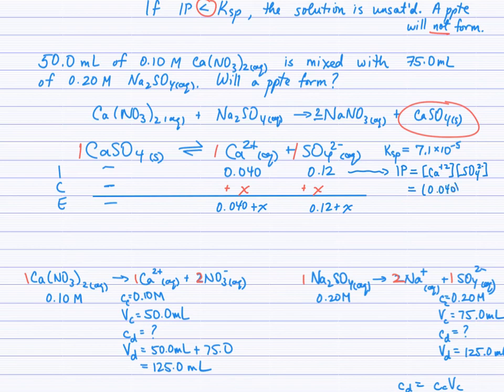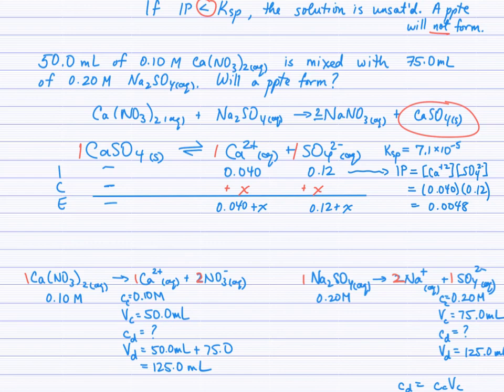So 0.040 times 0.12 gives us, sorry, let me just double check this, gives us 0.0048 as our IP. Now how does IP compare to KSP?